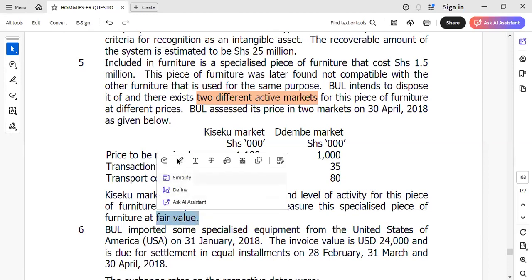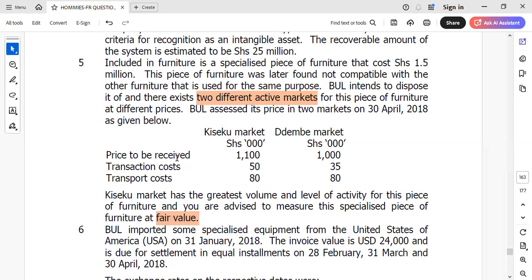So basically, we are trying to determine the fair value of this furniture. So how do you get the fair value of this furniture?